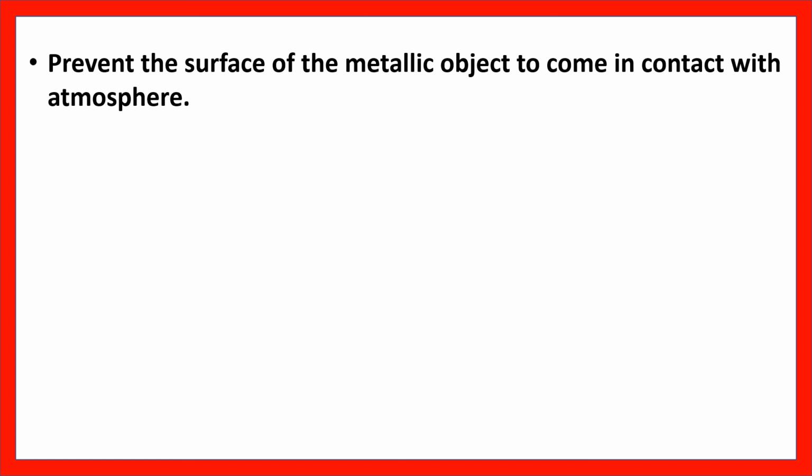The first method to prevent corrosion is to prevent the surface of the metallic object from coming in contact with the atmosphere. Because when the metal object comes into contact with the atmosphere having oxygen and moisture, corrosion occurs by taking them.